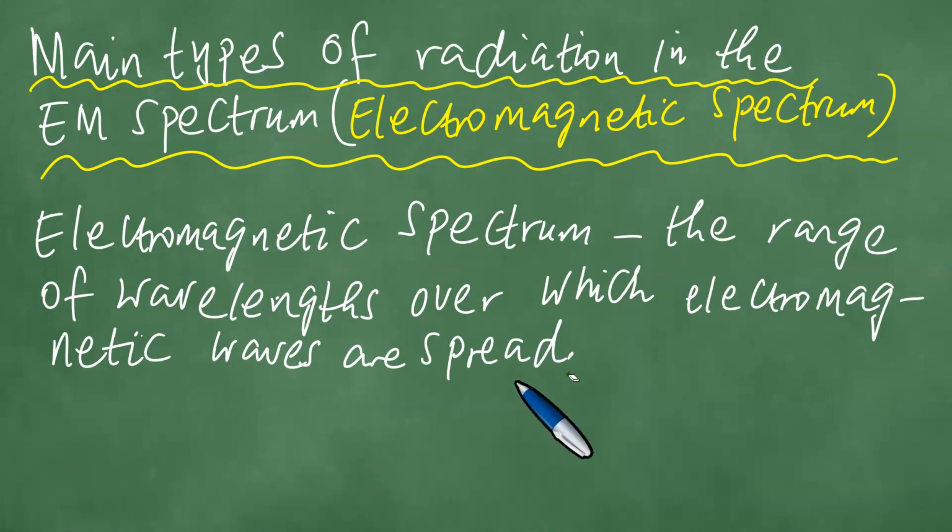So obviously here we are discussing the electromagnetic spectrum. What is the electromagnetic spectrum? The electromagnetic spectrum is the range of wavelengths over which electromagnetic waves are spread.